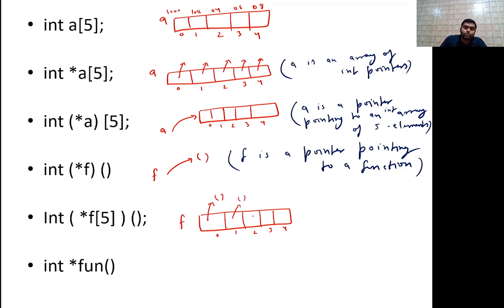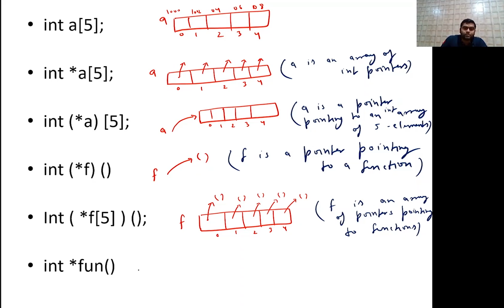This will point to a function, this will also point to a function, and so on for all five. So I am also writing that f is an array of pointers pointing to functions.